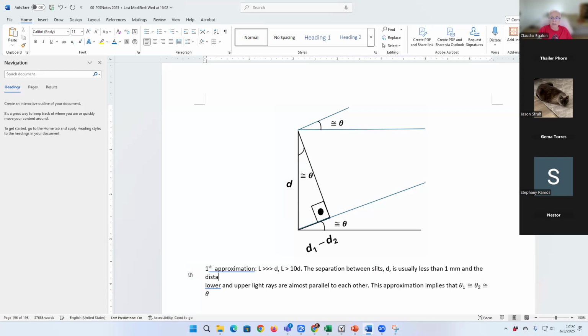And the distance to the screen, when we perform those experiments in the classroom, is at least 1 meter, or 1,000 times D, okay? That's what we usually do. So this approximation holds very well experimentally.